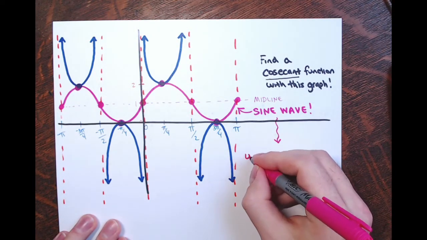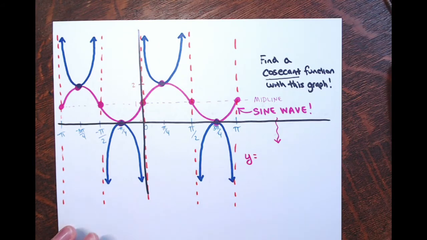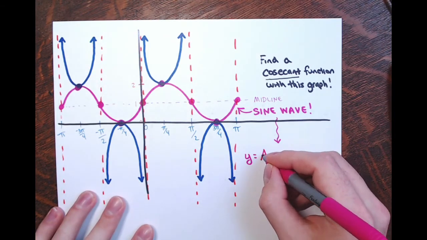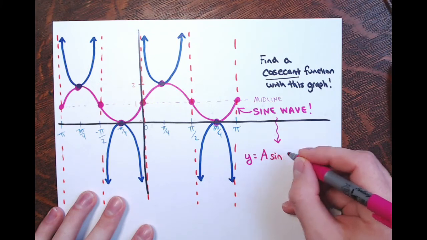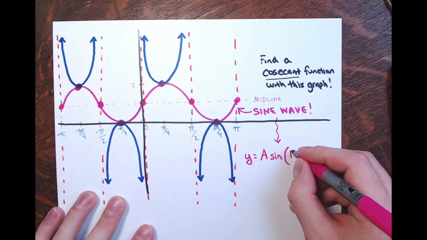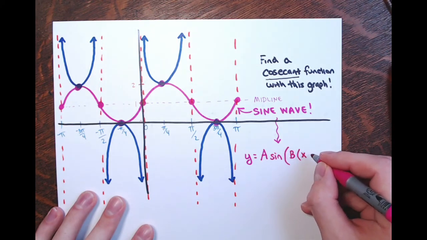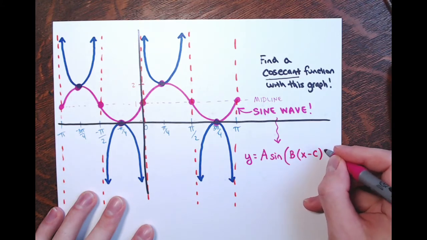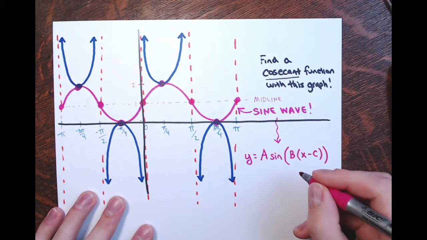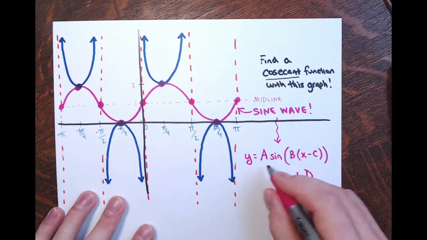It's going to be y equals, now hopefully this looks familiar. Going back to section 8.1, we were drawing equations for sines. It was some number a times the sine of b times the quantity x minus c, all in parentheses there, and then plus some d, and hopefully you remember what all these meant.